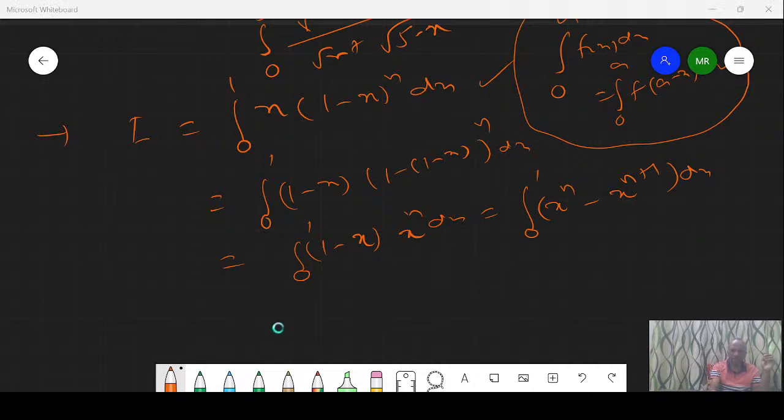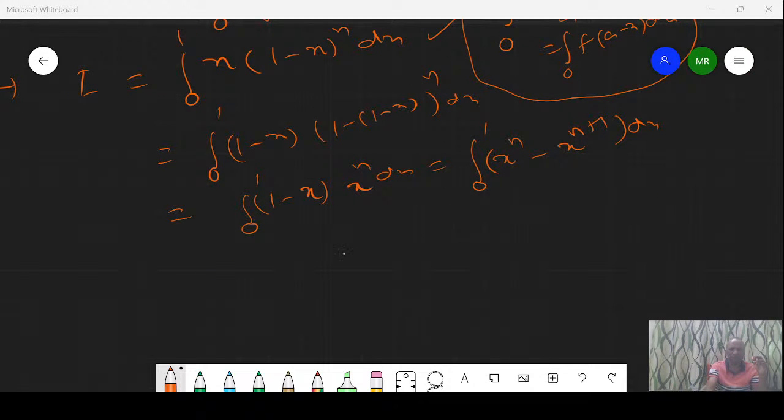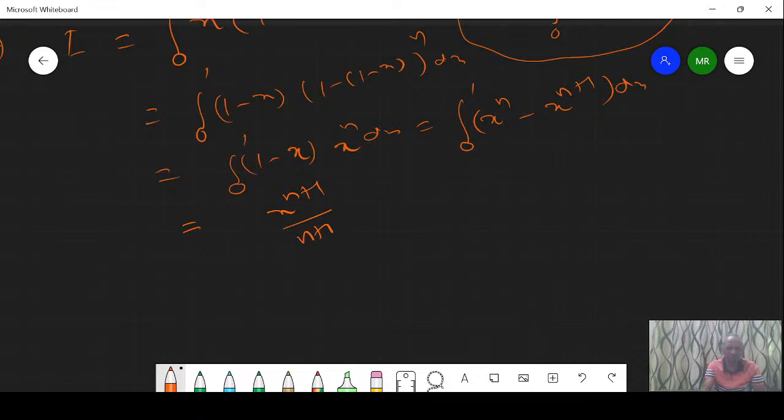If I do the integration, the integral of x power n is x power n plus 1 by n plus 1, minus x power n plus 2 by n plus 2, with limits 0 to 1.